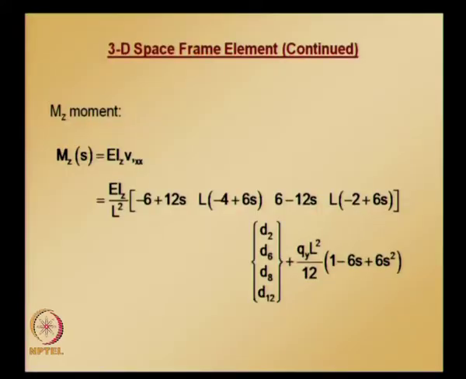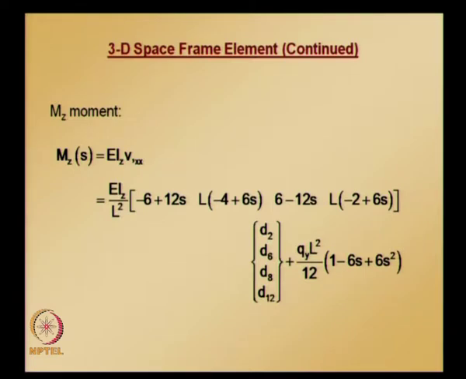Once we get the nodal values, we need to again find the corresponding displacements and rotations in the local coordinate system before we calculate axial forces, shear, moments and torsional moment. So, this is the procedure.